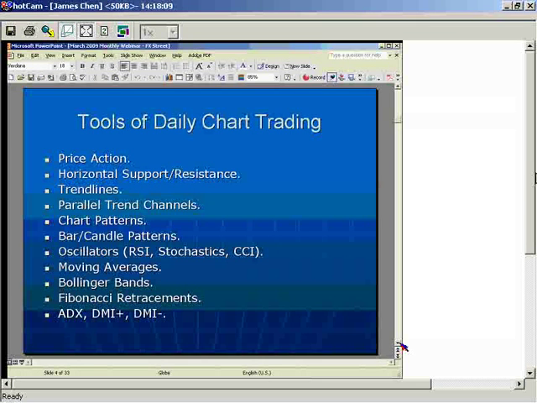Many of you may be familiar with the Guppy multiple moving averages, and those talk about separation of moving averages to talk about the strength of a trend. Also, I look for moving averages to denote support and resistance as well. I don't often look at crossovers, which is probably the most popular way to look at moving averages, but they're dangerous because of the whipsaw that's involved.